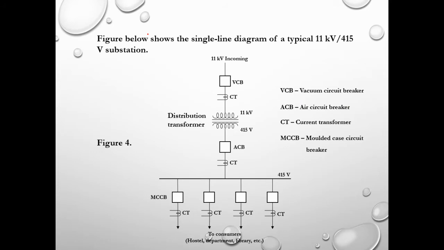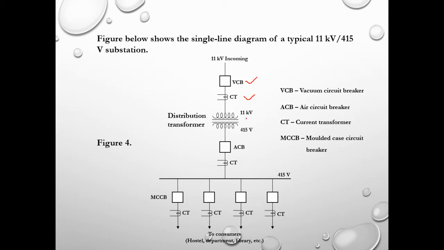And then again, this is another typical example of a typical 11 kV 415 volt substation at the distribution site. So we start with the incoming 11 kV. We have the first circuit breaker, the vacuum type. We have a CT, the current transformer, to measure the currents, right?